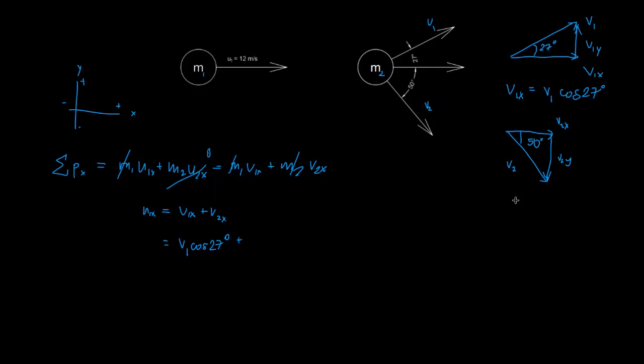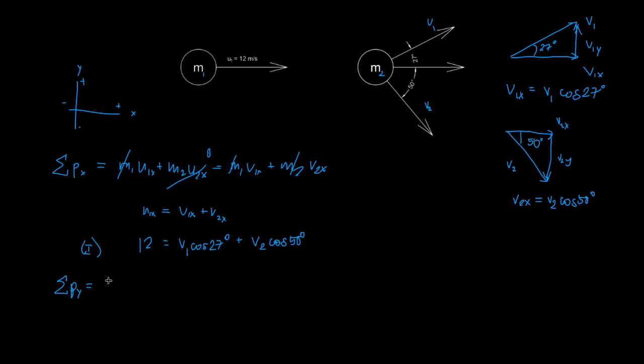So V sub 2 sub X is also V sub 2 times adjacent ulit ang X, that is cosine 50 degrees. So V sub 2 cosine 50 degrees. Then ano yung U sub 1 natin? U sub 1 sub X, that is 12. Okay, this is for our equation 1. So, next, i-analyze naman natin yung momentum at the y-axis.